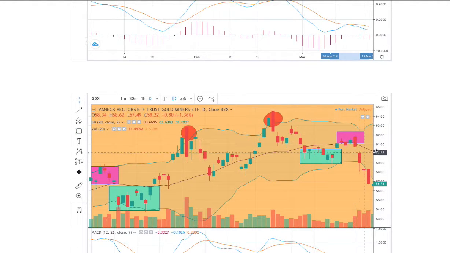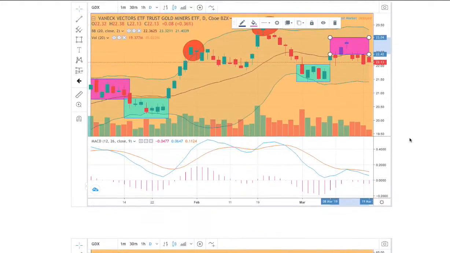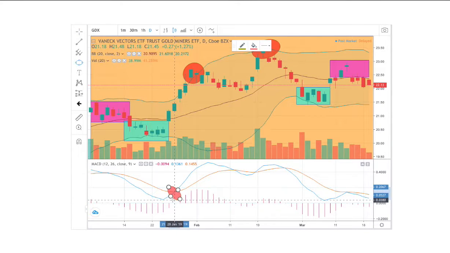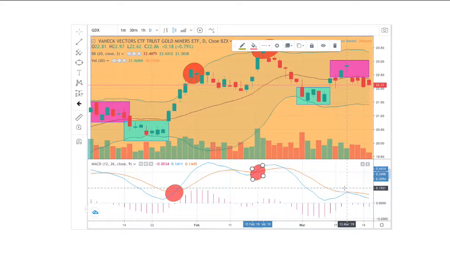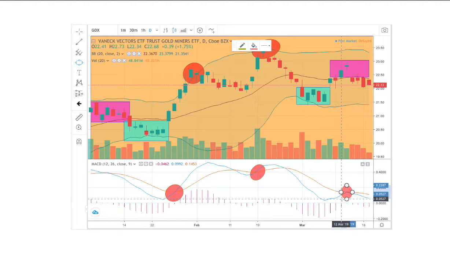So as you can see, we have some target points, and let's also look at the MACD indicator. As you can see, this converges up as well, and another convergence here, and a slight convergence, or not a clear convergence, a good attempt on converging.